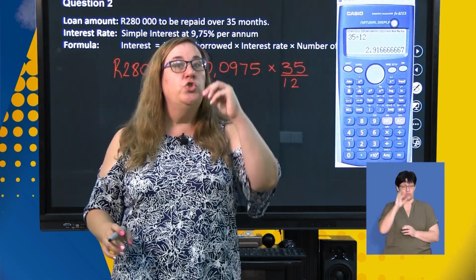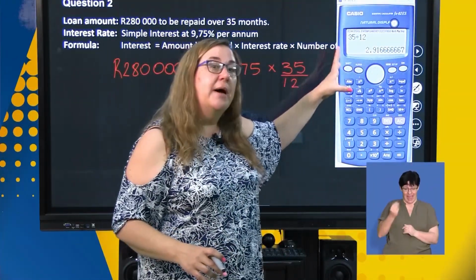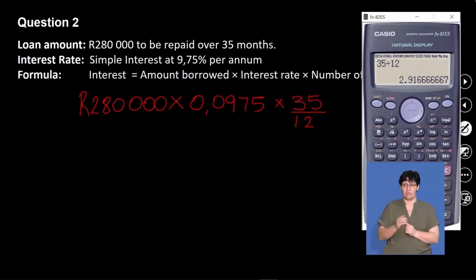Remember I said to you, don't round off. Because I've got this number on my calculator, I'm going to use it straight away, and I'm going to times that by 280,000.